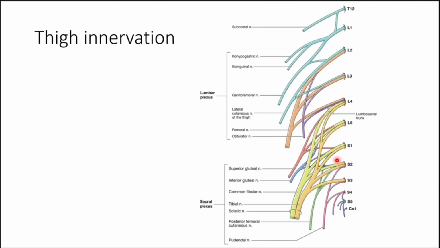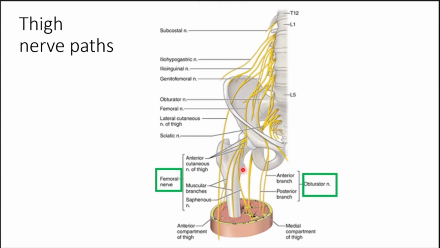Muscles of the thigh are innervated by fibers originating in both the lumbar and the sacral plexus. The femoral nerve emerges as the largest branch of the lumbar plexus, deep to the lateral border of the psoas major muscle, and passes deep to the inguinal ligament.